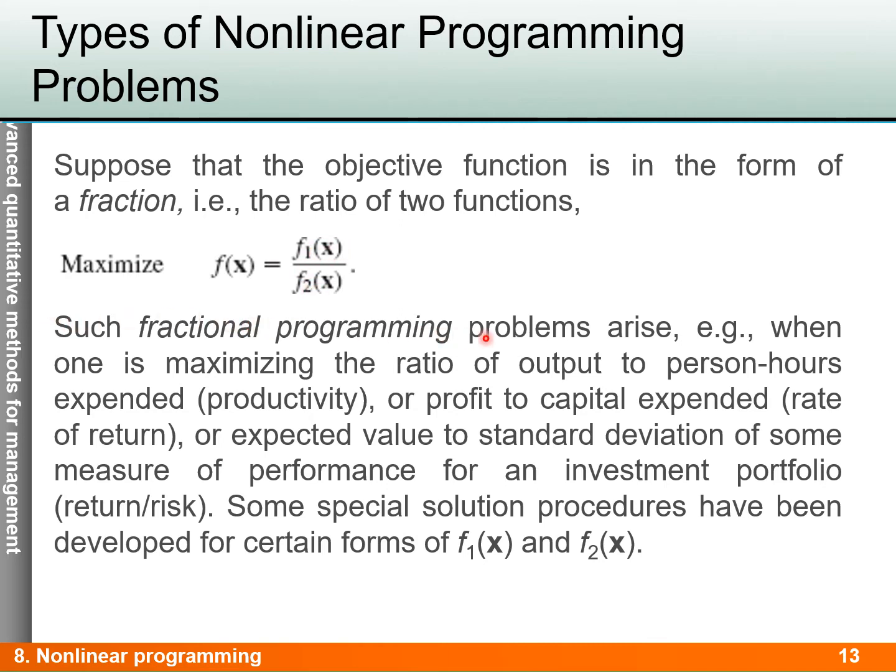Such fractional programming problems arise, for example, when one maximizes the ratio of output to person-hours, or profit to capital expended, or expected value to standard deviation of some measure of performance for an investment portfolio, so for example, return to risk. Some special solution procedures have been developed for certain forms of f1(x) and f2(x). In our next slides, we review one of them.